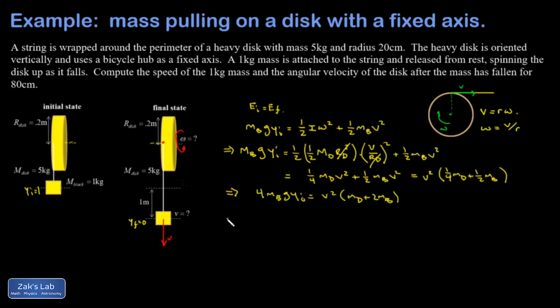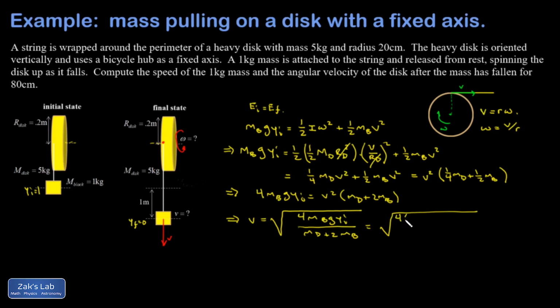And then I'll solve for v symbolically. And it's the square root of 4 mass of the block g y initial over mass of the disk plus twice the mass of the block. And I'll just plug my numbers in there.